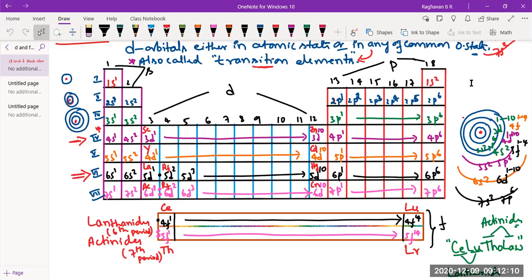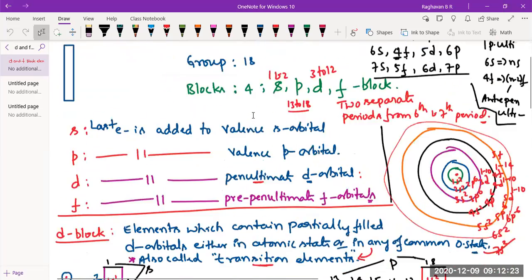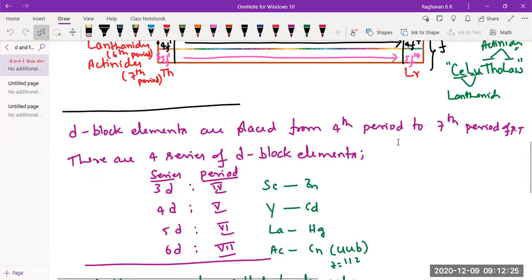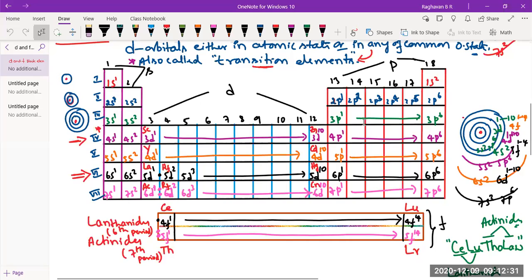We study some general properties, some similar to D block elements. Fine. If you have any clarification to make, you can ask me now. Just 3 minutes left. So before I take any new concept, I think we'll continue in the next class. If you have any doubts, or any clarity required, you can ask me.